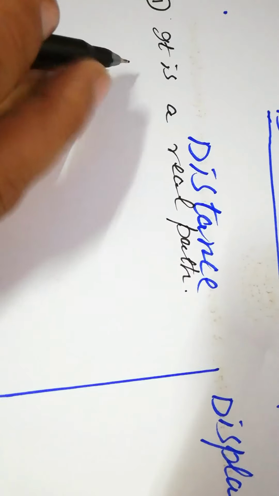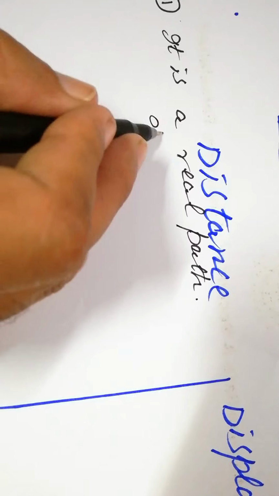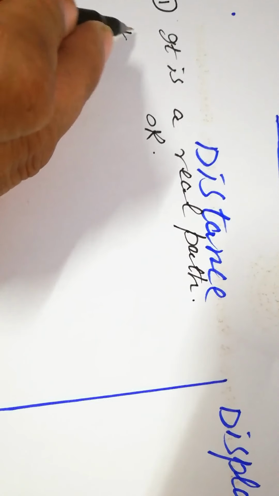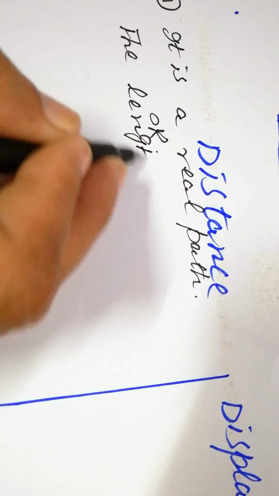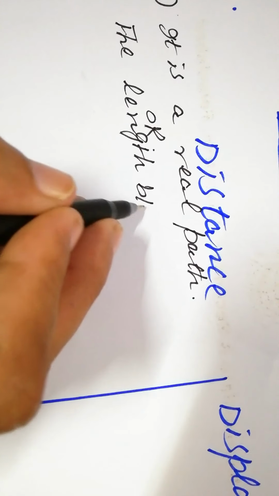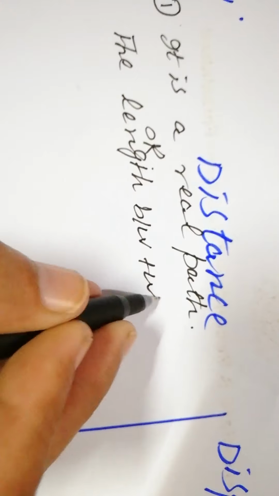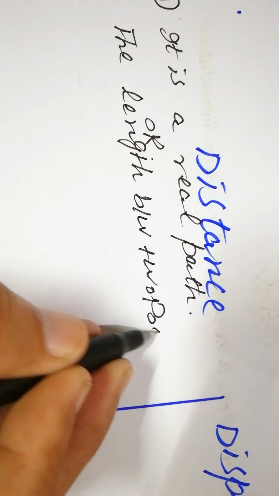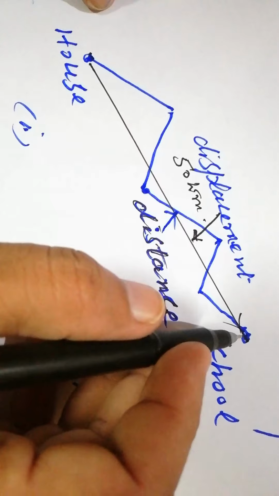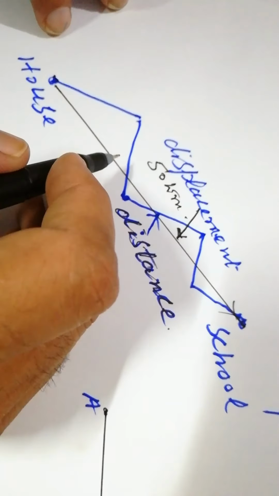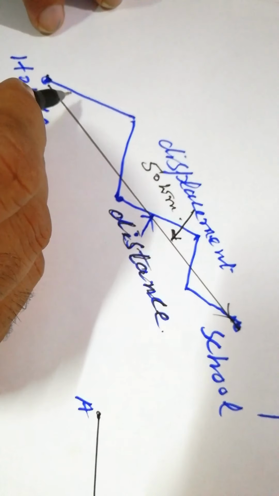Another definition is the length between 2 points is termed as distance. So if a body is moving from one point to another point, then both things are there: the distance and the displacement.